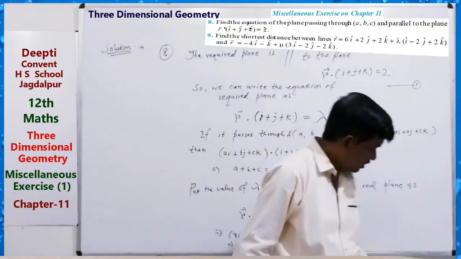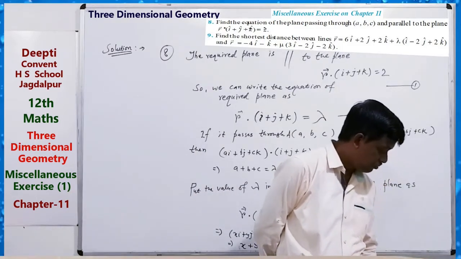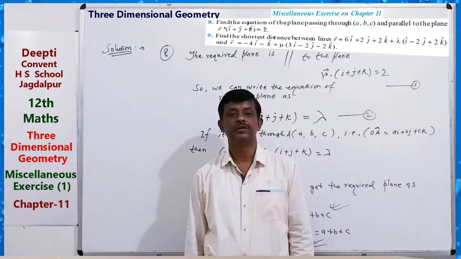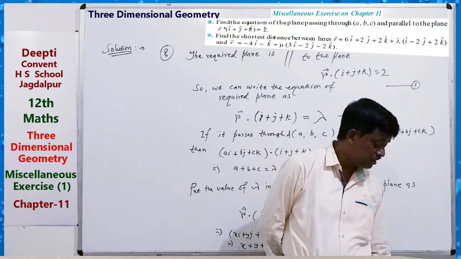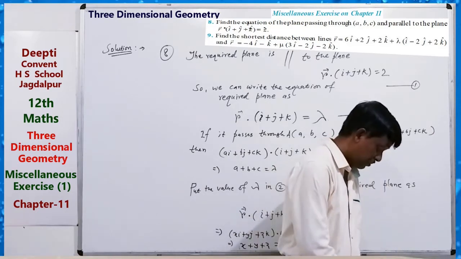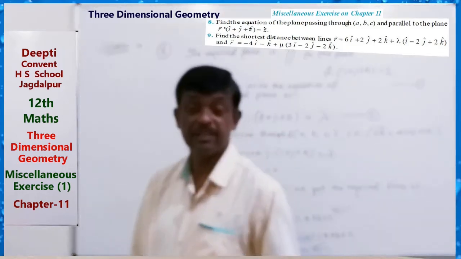Okay, by using similar logic you can find the solution of all the remaining questions of this exercise. The next question is question 9: find the shortest distance. So remember the formula for the shortest distance between two straight lines in 3D.